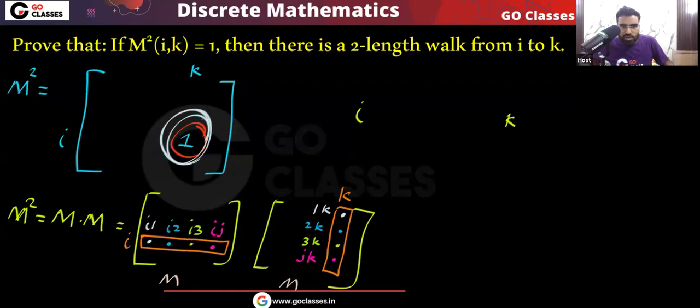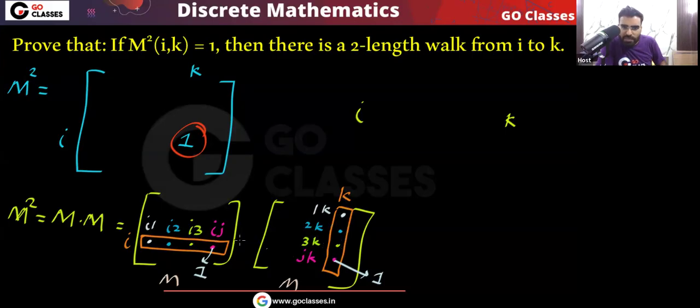Only then this entry can be 1. There is a guarantee that somewhere 1 multiplies with 1.